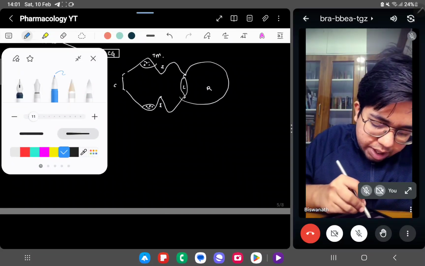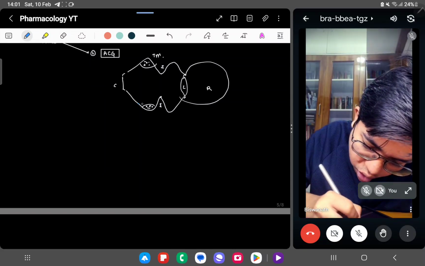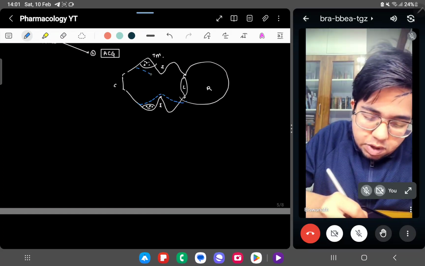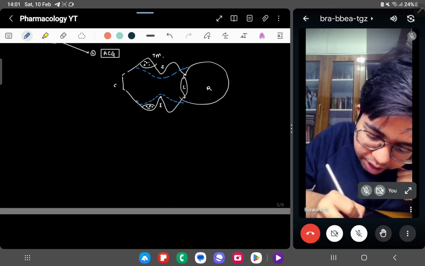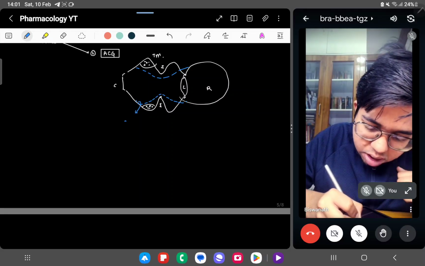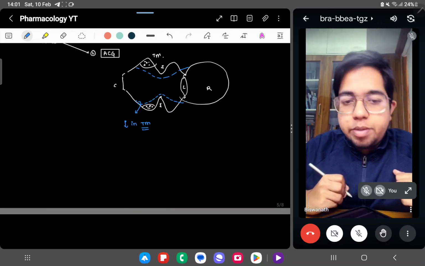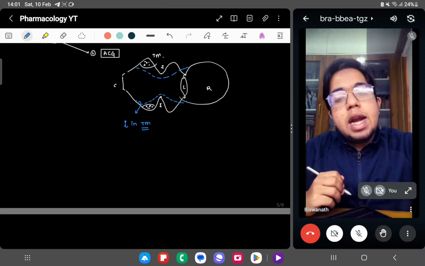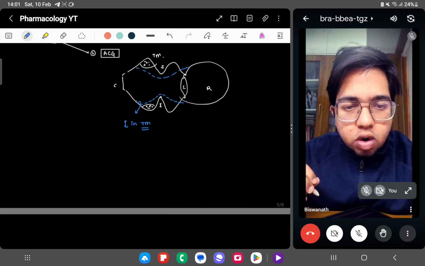So if there is increased pupil size, this whole part will spread out. If this whole part spreads out, there will be reduction or disappearance of the trabecular meshwork. And if there is disappearance of the trabecular meshwork, there will be no drainage of the aqueous humor. And if there is no drainage of the aqueous humor, you will suffer from glaucoma.